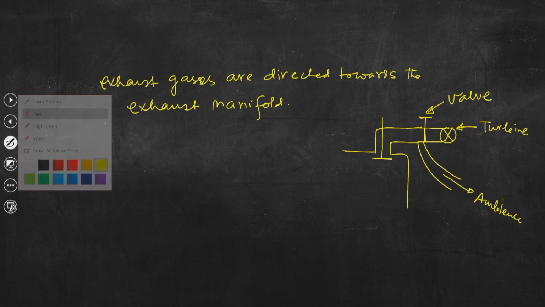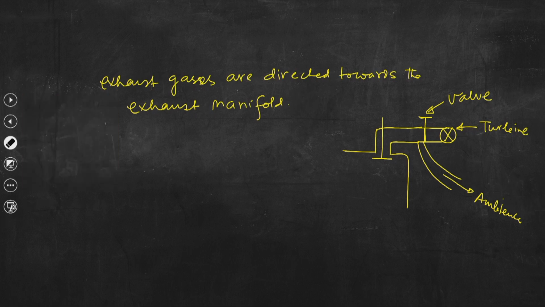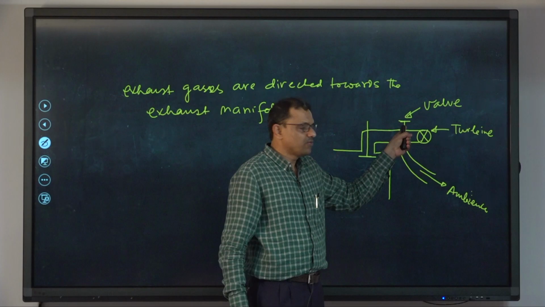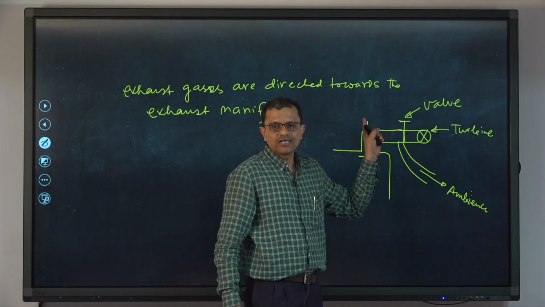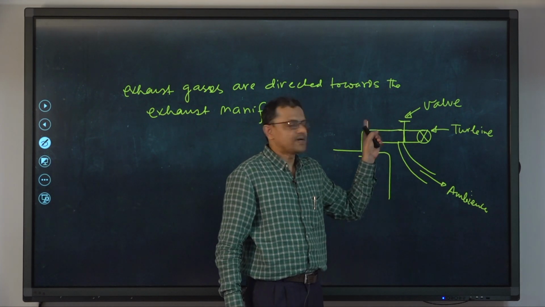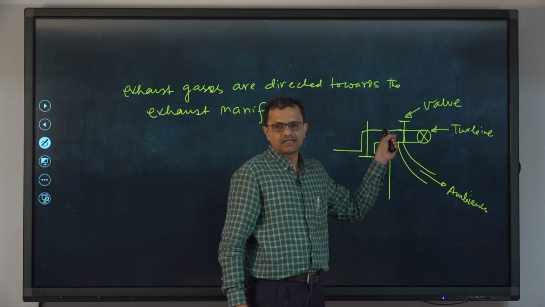So, you can understand from the schematic depiction that, depending on the requirement, this valve is typically a poppet valve or any flap type valve. This valve will be operated by a diaphragm actuator, which is controlled by the exhaust gas pressure.